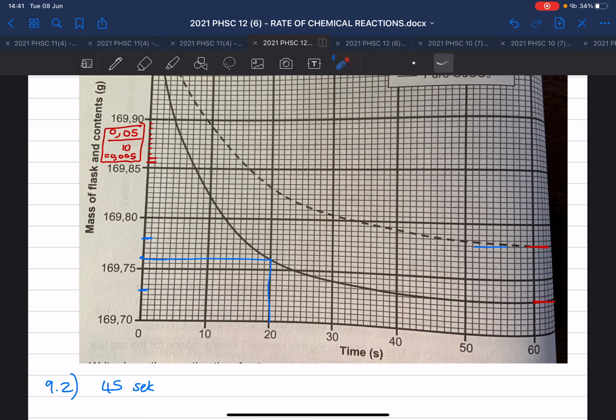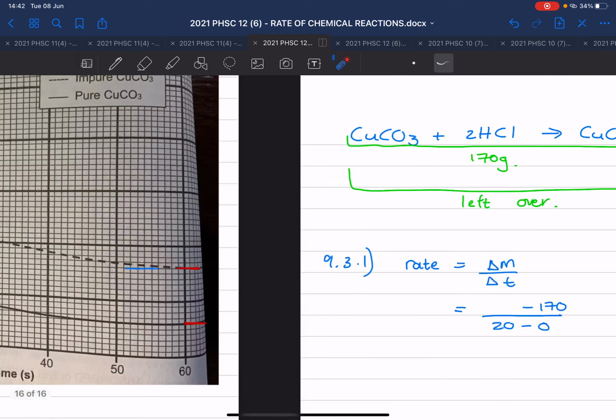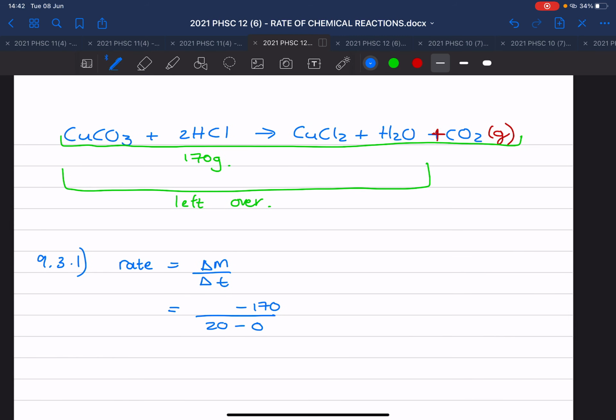We know now that each line is 0.005, and there's 2 lines there. So you can say, right, I'm going to take that value there, 169.75 plus 2 times, and every line is so much. So that gives you 169.76.